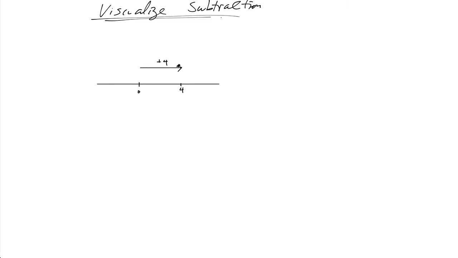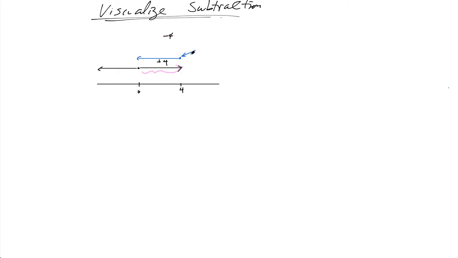There are two things that this arrow describes: the size of the distance that we traveled, and the direction. Plus means we're going right. If I write minus 4, that means we're going this way instead. If I put this on top of this line, it's exactly the same length, except the arrow is pointing the other way.